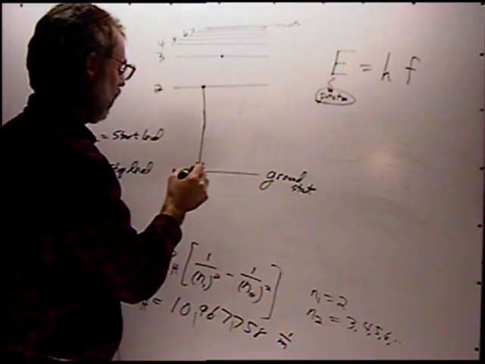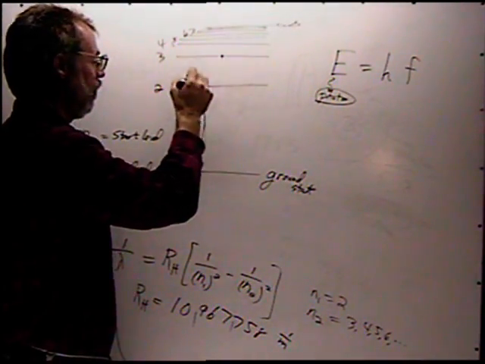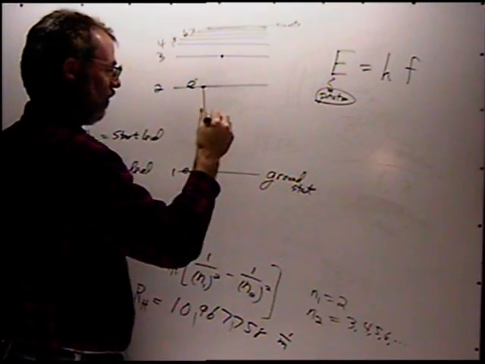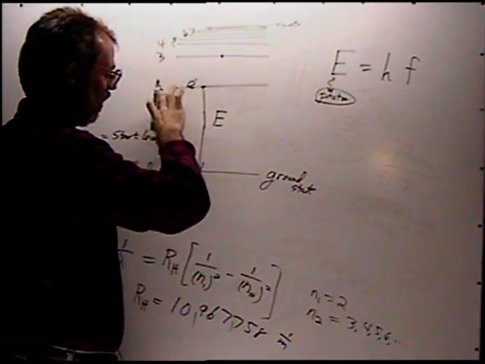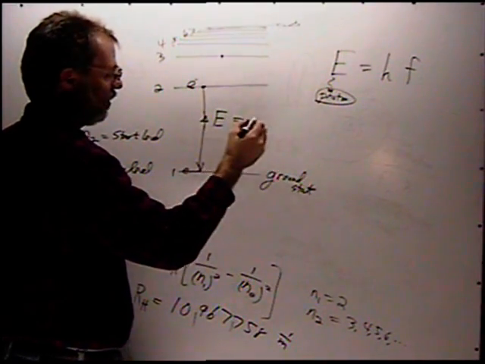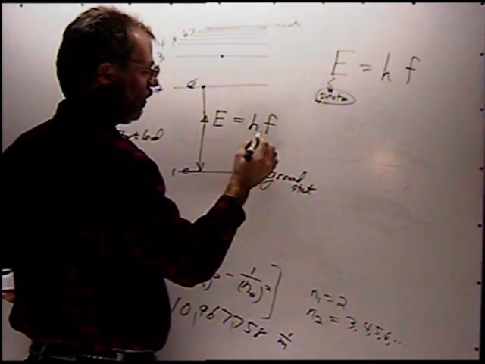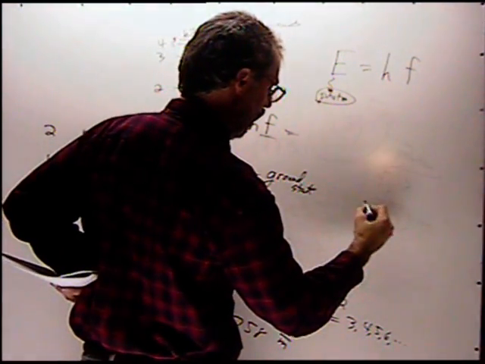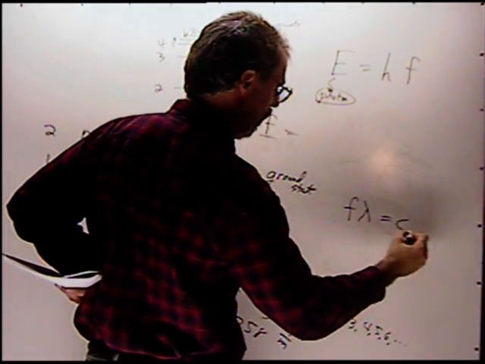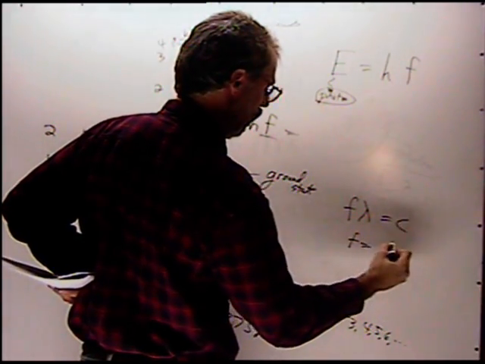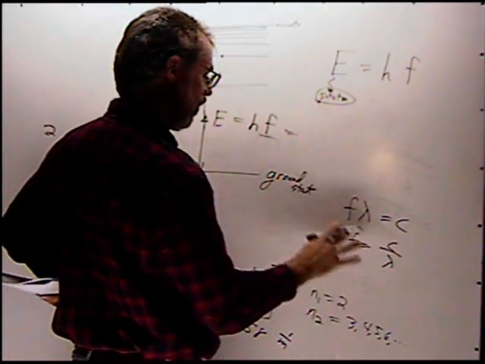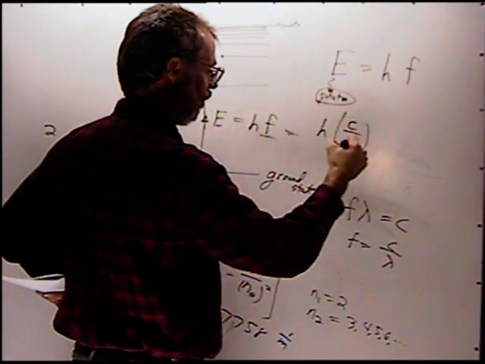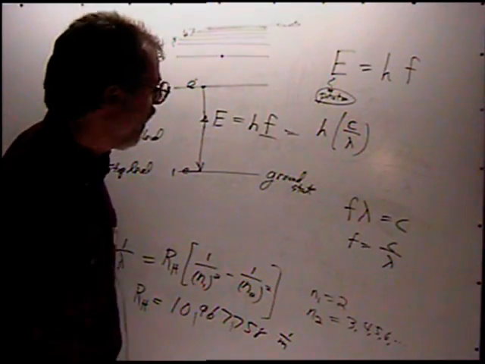So if an electron jumps to state number 2 and then decays back down, this energy difference gets translated into a photon whose frequency is f, and whose wavelength, if we remember, f lambda equals c, therefore f equals c over lambda, so we can say the energy is also h c over lambda.